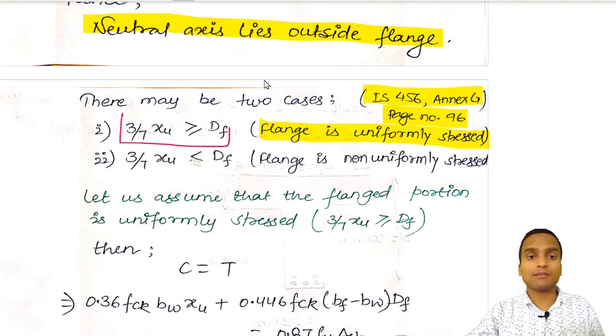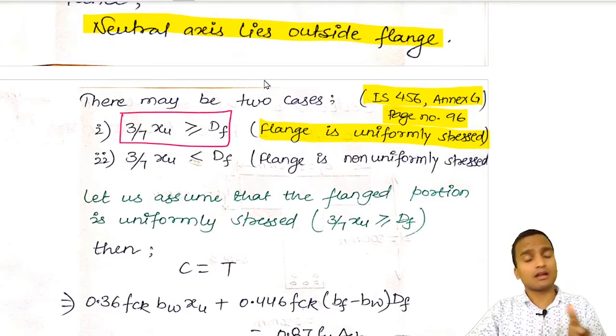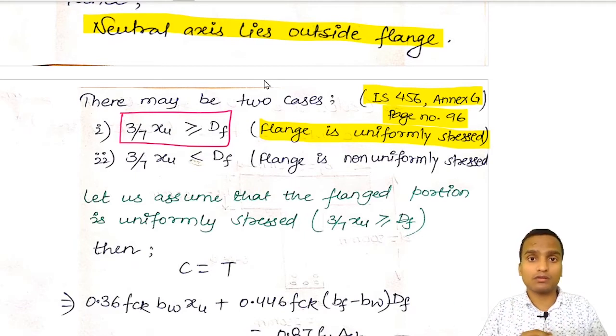See, when 3 by 7 xu exceeds the depth of flange, that means we can say that the entire flange is stressed by the rectangular part of the stress block.